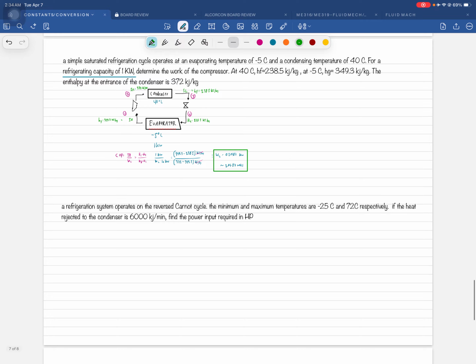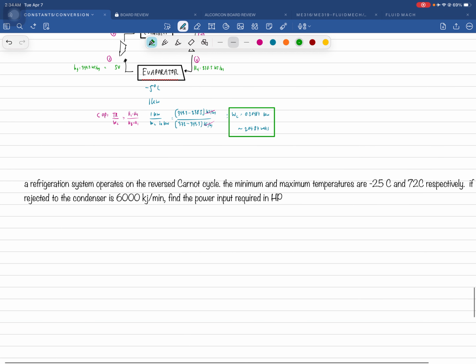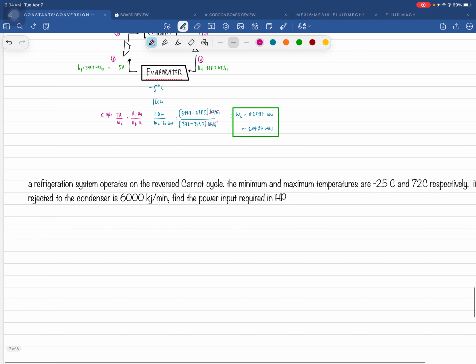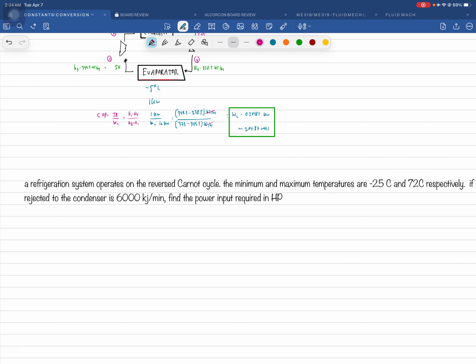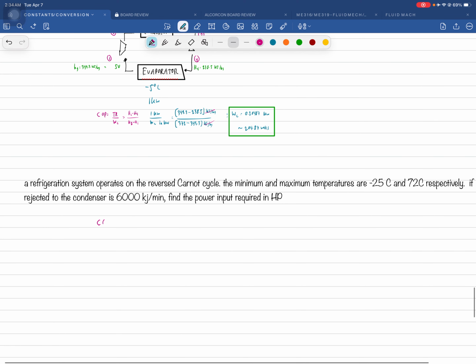Second question for the refrigeration system. When talking about reverse Carnot cycle, remember the COP, Carnot cycle pertaining to the theoretical refrigerating system. COP of the reversed Carnot cycle is the ratio between the minimum temperature over the difference between the maximum and the minimum, no?